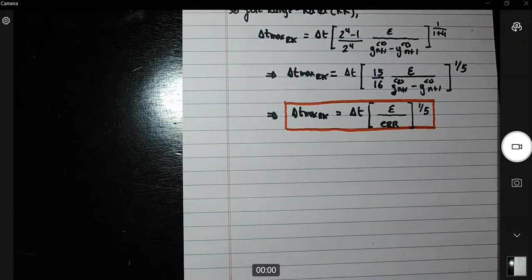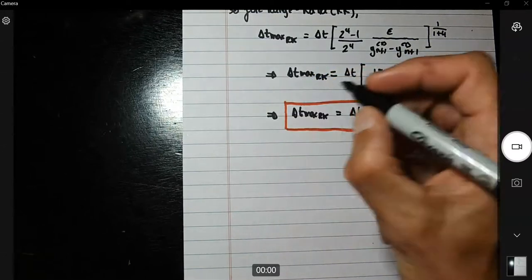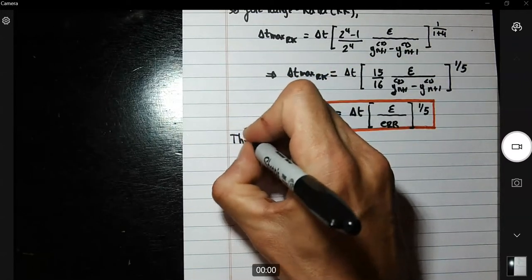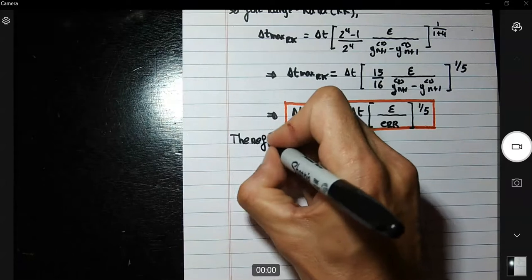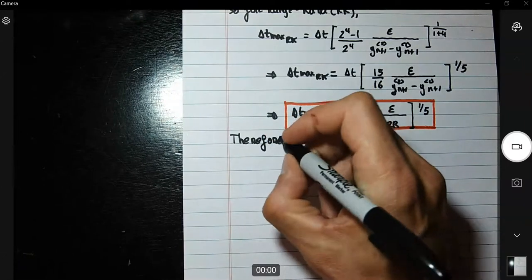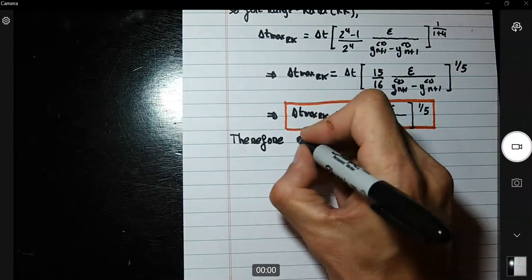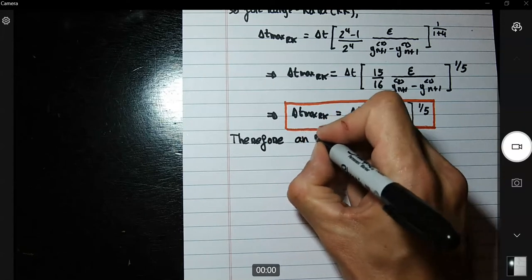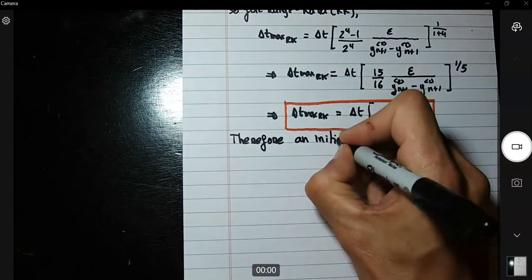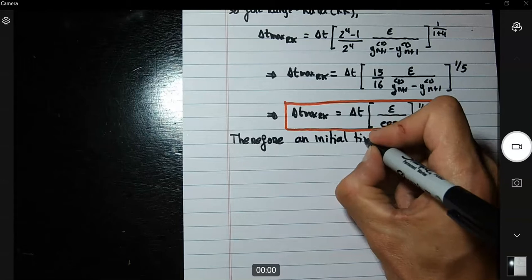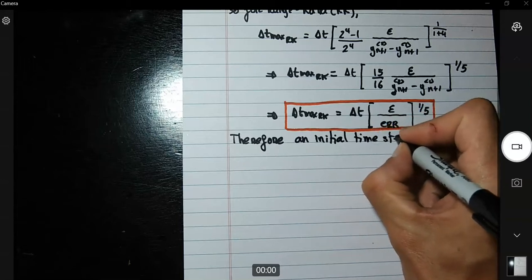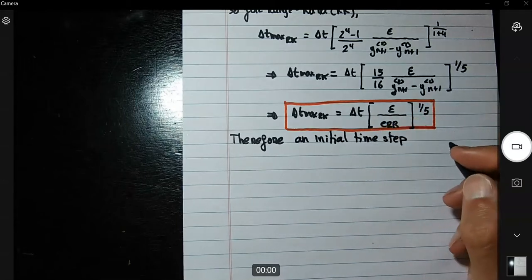Alright, so let's put over here. So that means that therefore at this point an initial time step, so you can start with a certain time step. Alright, let's say delta t equal to whatever, 0.1.